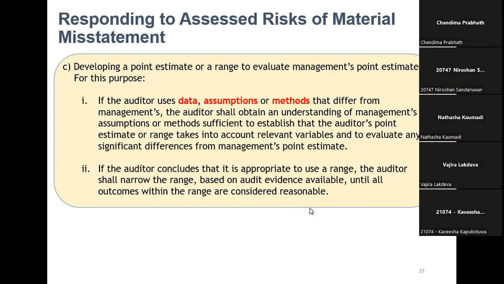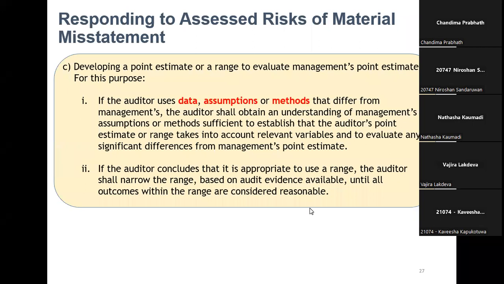The auditor develops a point estimate of 115 million. So there is a misstatement. Depending on the materiality level, we have to consider whether it is a material misstatement or not. So there is an under provision for warranty claims. The management point estimate is 100 million, the auditor's point estimate is 115 million, and there is an under provision which may or may not be material, depending on the materiality level.